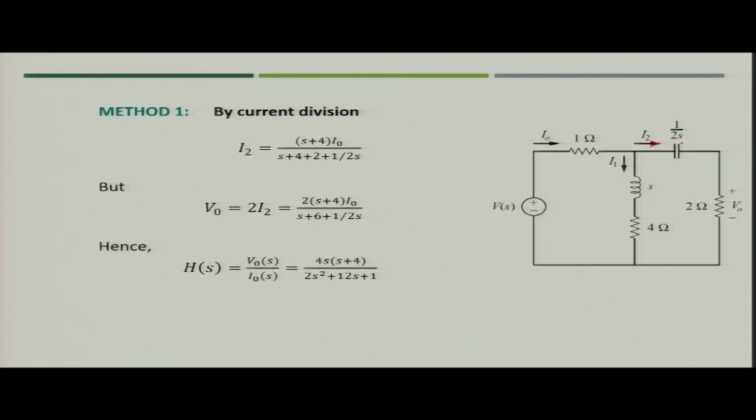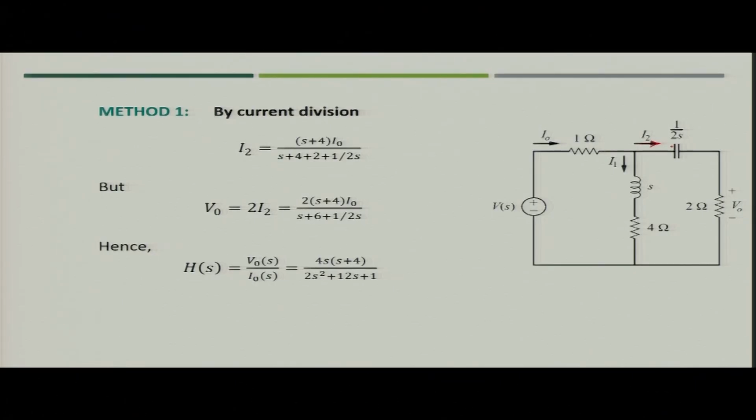So, the current flowing in this leg would be S plus 4 divided by the impedance of the complete loop, that is S plus 4 plus 2 plus 1 upon 2s, then multiplied by I naught. So, I2, that is the fraction of I naught which is flowing in this leg, would be given by S plus 4 into I naught divided by S plus 6 plus 1 upon 2s.